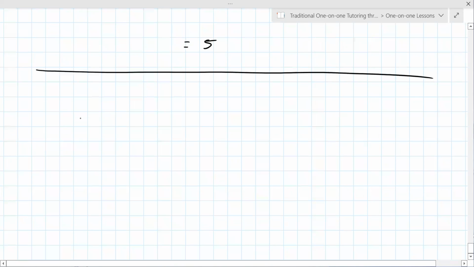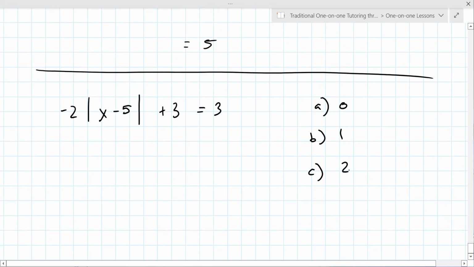Okay, let's try one more here. Let's say it's -2 times the absolute value of x minus 5, plus 3 equals 3. Does this have 0 solutions, 1 solution, or 2 solutions?